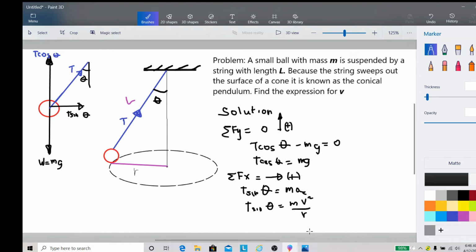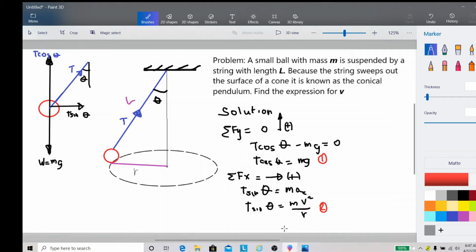So this is equation number 1 and this is equation number 2. So we are having two equations.